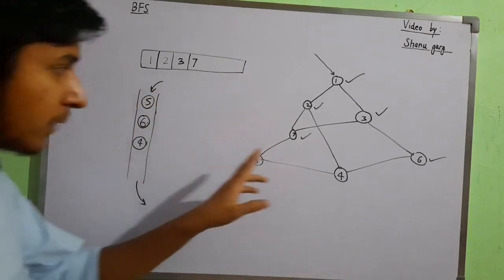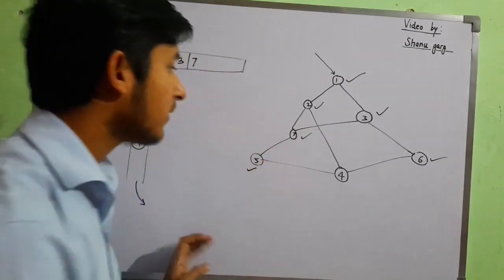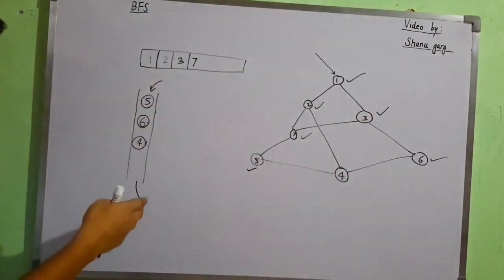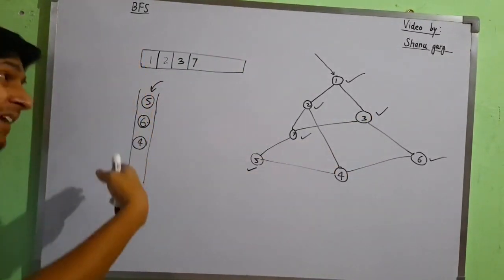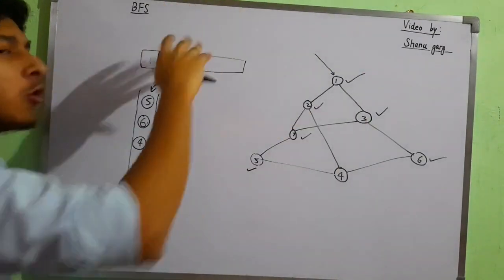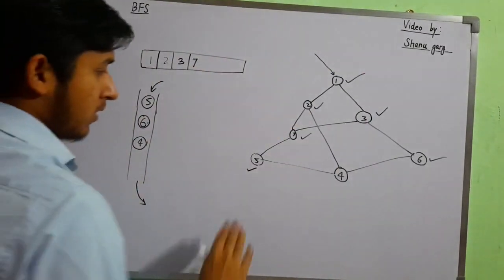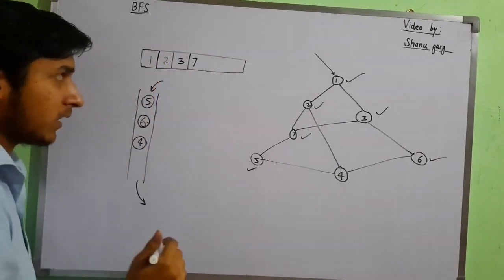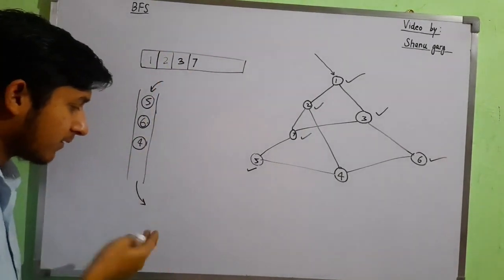Because apart from 5, the other 2 children already came and passed to the output screen. Now after this, 7 is printed to the output screen, that has left this Q.